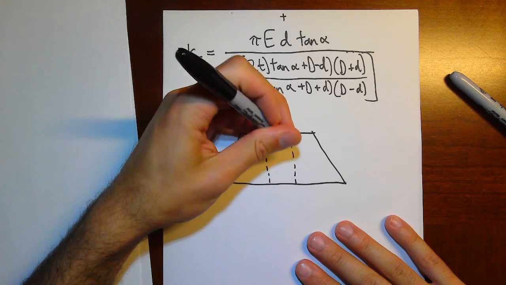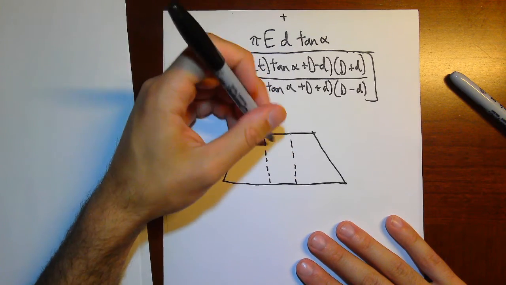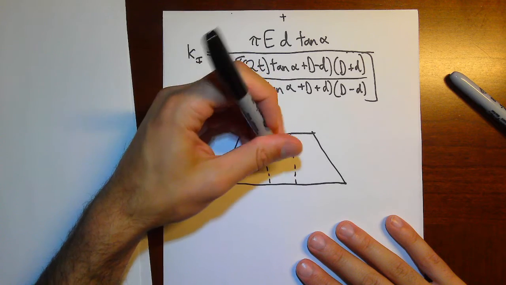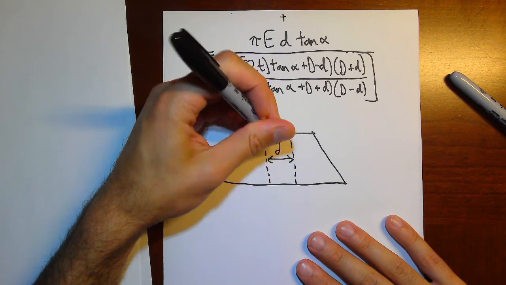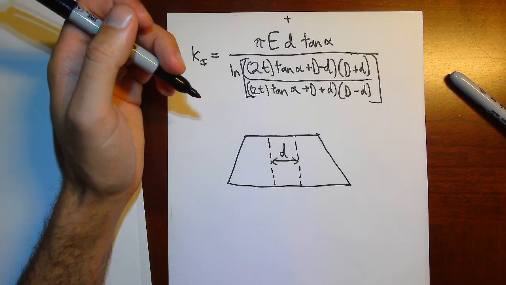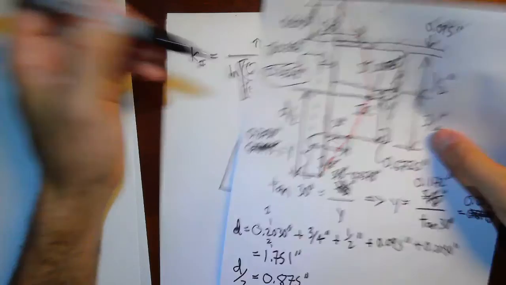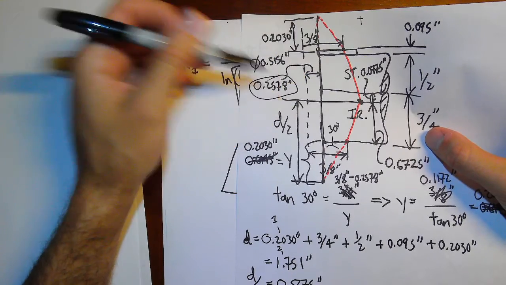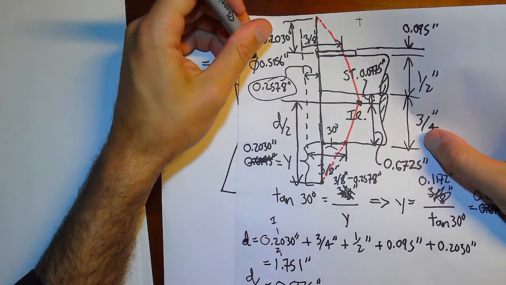There's the hole in the middle of the grip, where the bolt goes through, and that's lowercase d. So that's our clearance hole. That's a 0.5156 diameter hole that the bolt's dropping through. That's our small d.